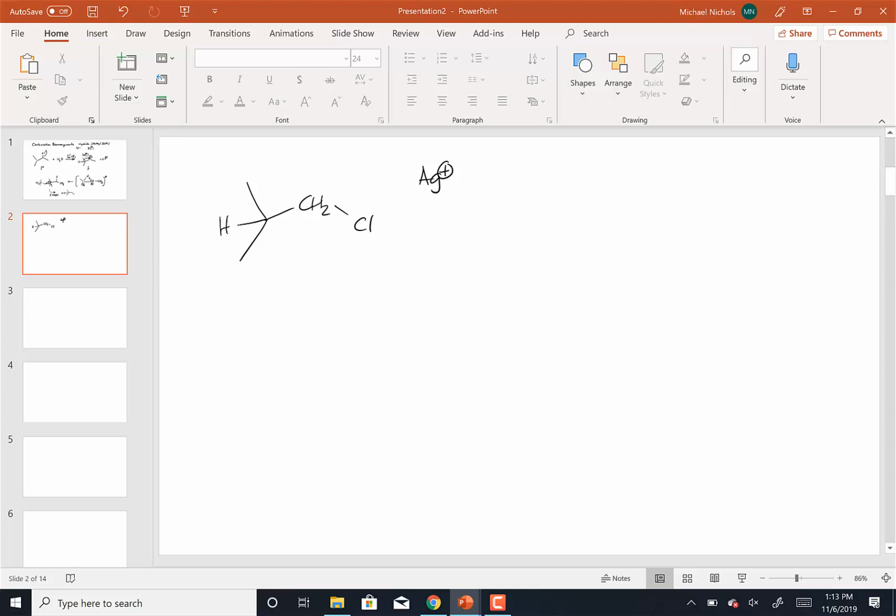If it never precipitated, it's a primary system. So this is a pretty standard test to make a carbocation, but also to determine whether something's primary, secondary, or tertiary. There may be YouTube videos out there. There's YouTube videos on everything. But there might be some YouTube videos where people took primary, secondary, and tertiary halides and added silver to them, and you could see the precipitation.